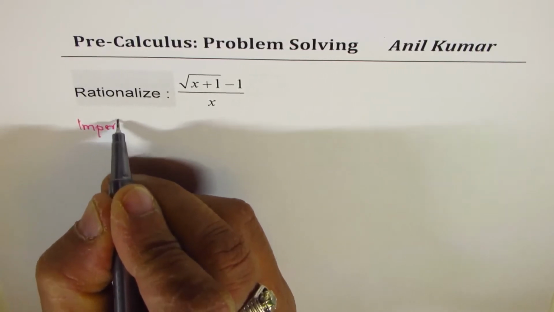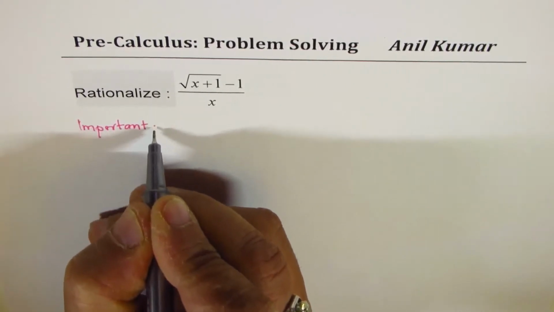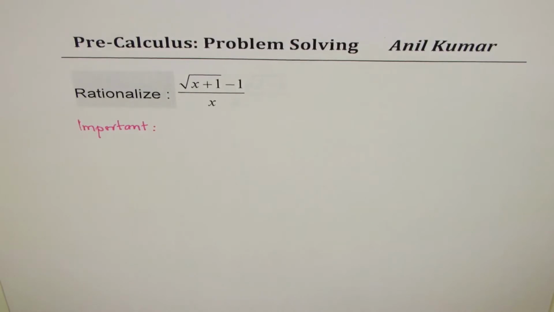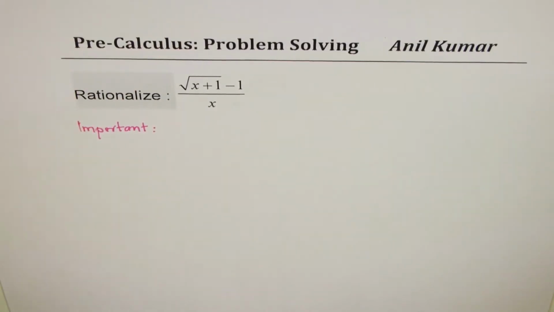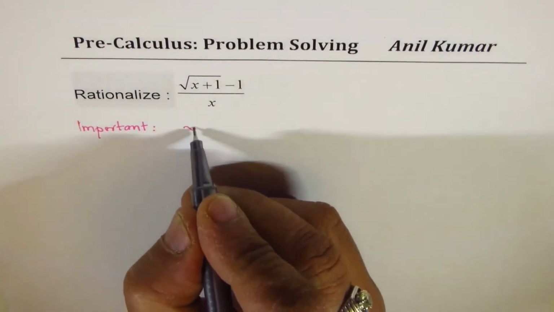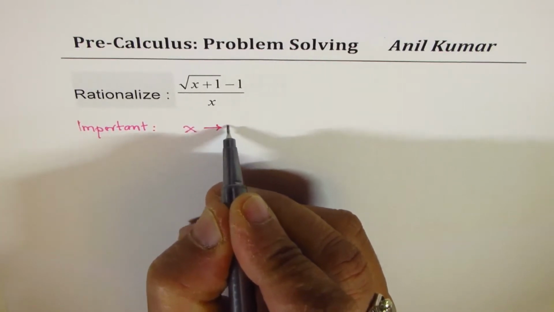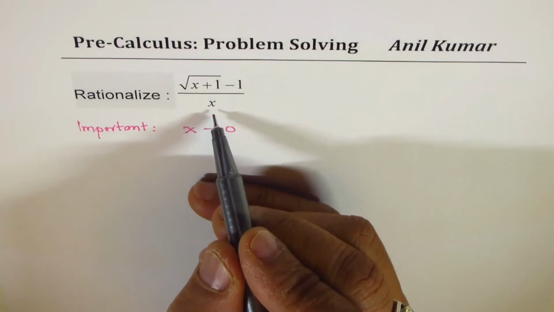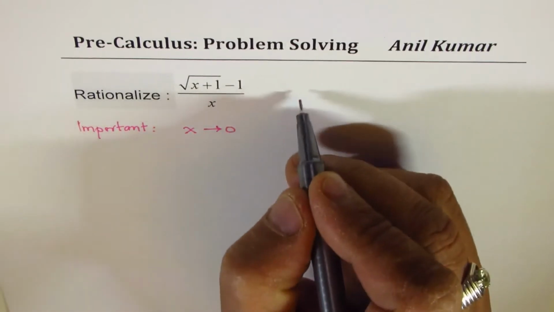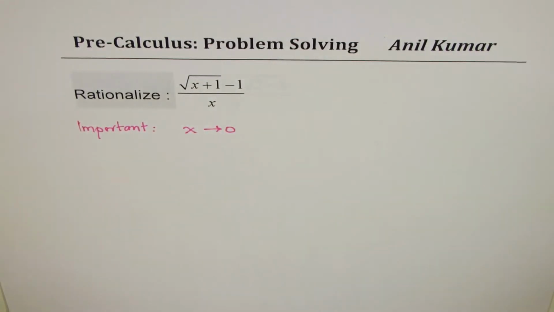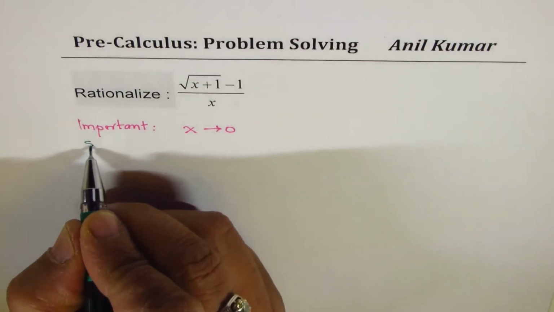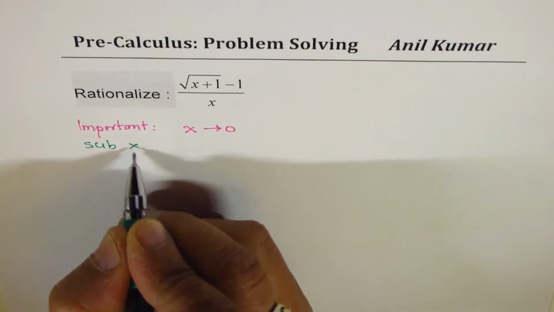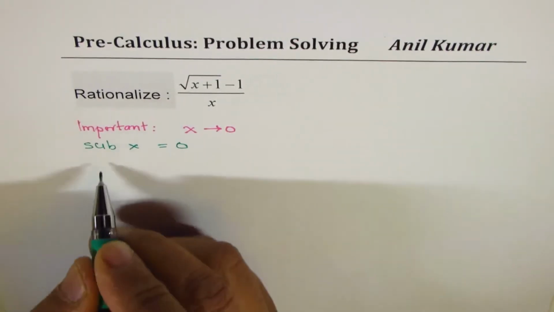How is it important? Why do we do so? This is very important for us to understand. Imagine if x is very close to 0. What happens? As you can see, if I substitute x equals 0, what happens?